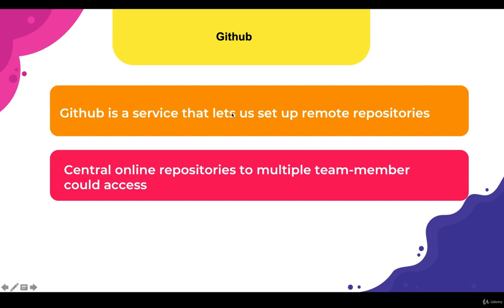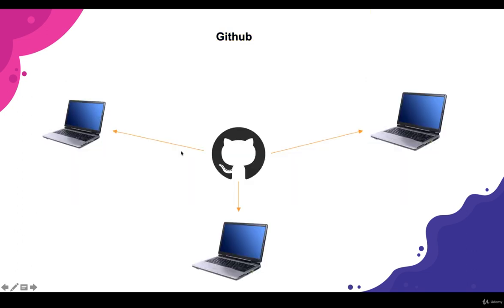So for our purposes, let's just imagine that there are 6 developers. We've each got our own computer, and we all want to work on a project together. So we've decided to set up a repository for this project online in GitHub. And we have this kind of central repository which can hold the code, and then we can all access it from our own computers.